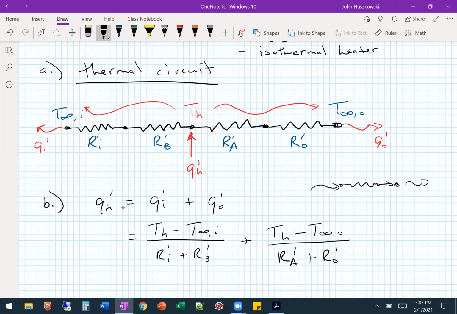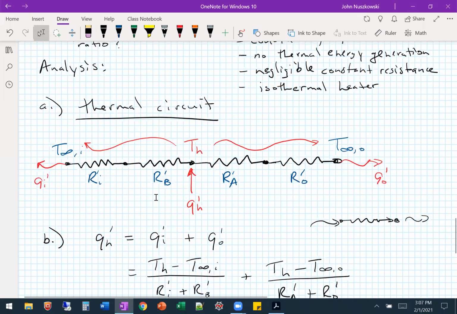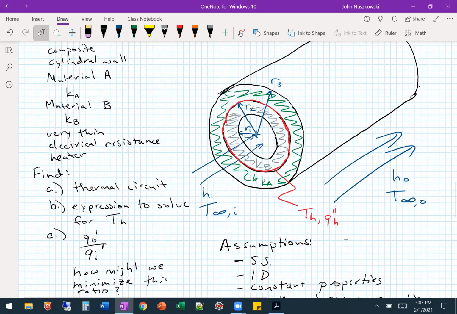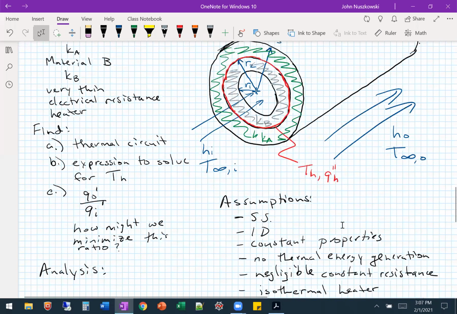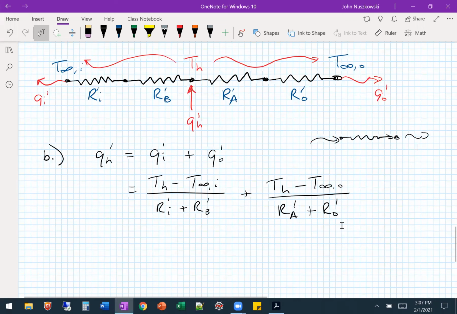One other thing we need to look at is we have this heater QH prime, right? In the problem, we were given QH double prime. So how do we go from one to the other?